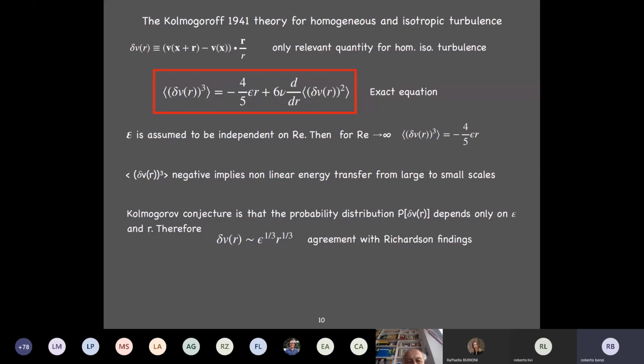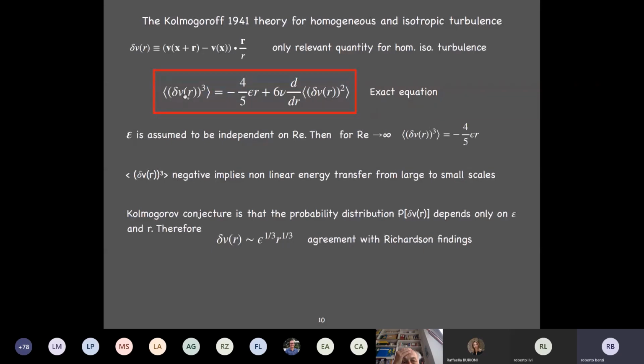Then, starting from the Navier-Stokes equation with the viscosity, he derived an exact formulation of the statistical property, at least for one of the many order moments that you can build up with this quantity, which is the famous 4/5 equation. Now, this equation is crucial because it contains several things. One is this term, which is the third order moment of the velocity difference.